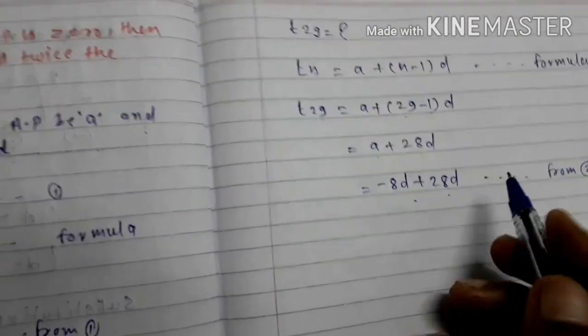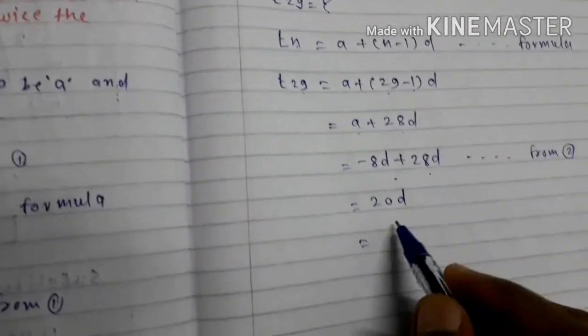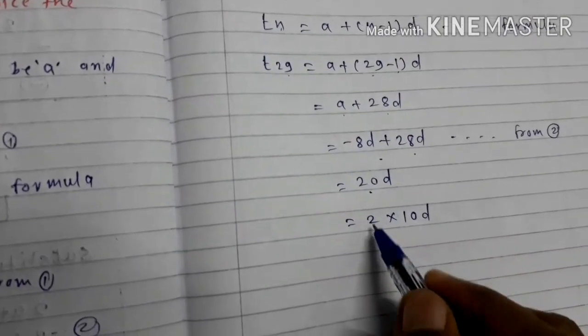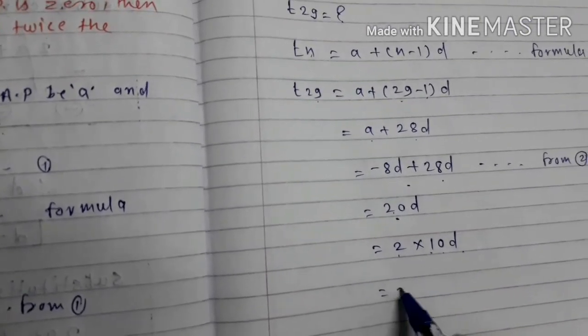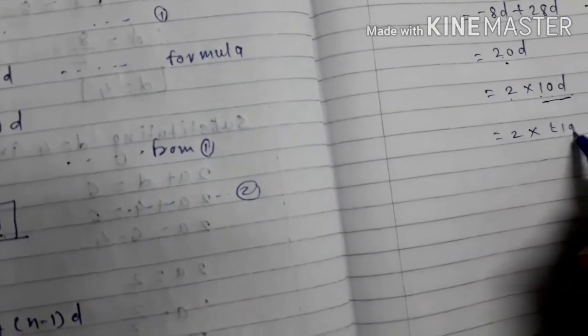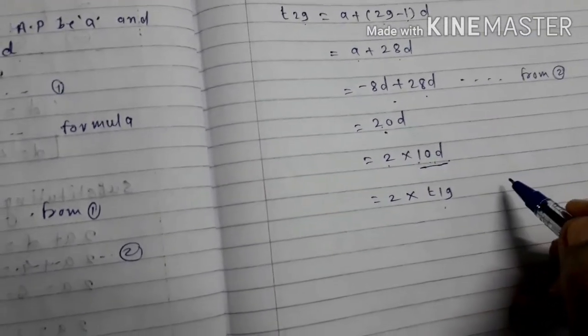Minus 8d plus 28d is 20d. 20d can be written as 2 into 10d. So 2 into 10d, and 10d is equal to T19 from equation 3.